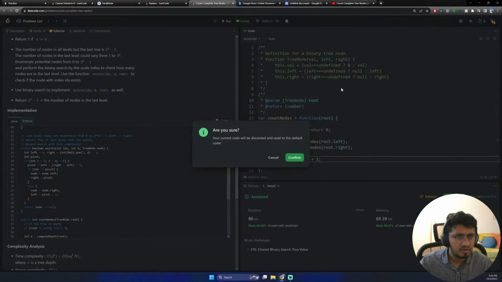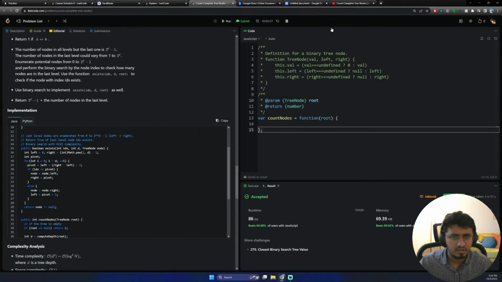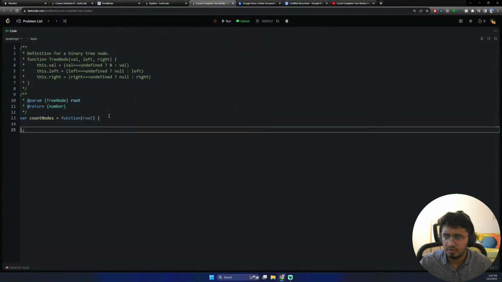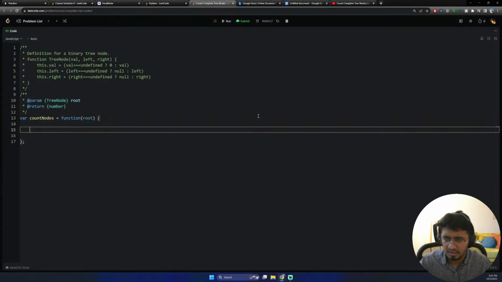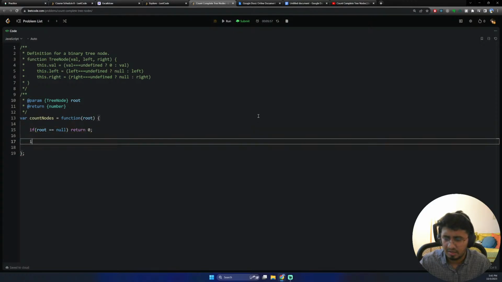Okay, so let's see. I understood the problem, what it's trying to do. What they're trying to do here is, let's say if root equal to null, then return 0. Then let left height, we need to check left height.